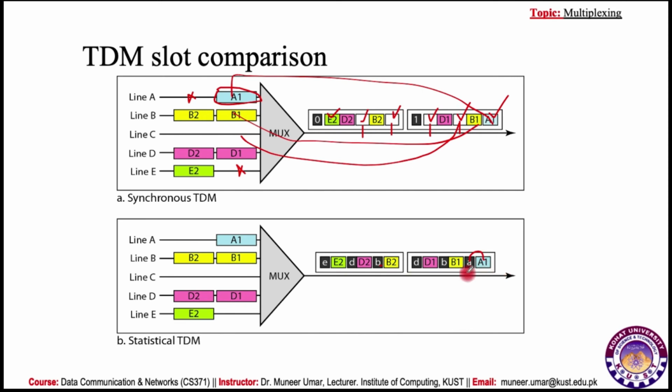For that purpose, one additional flag is attached with the packet or the slot that identifies the owner of the slot, or the sender of the slot. So here A1 is identified as generated by A, then B identifies line B, similarly D identifies line D. This is the main difference between synchronous and statistical time division multiplexing.